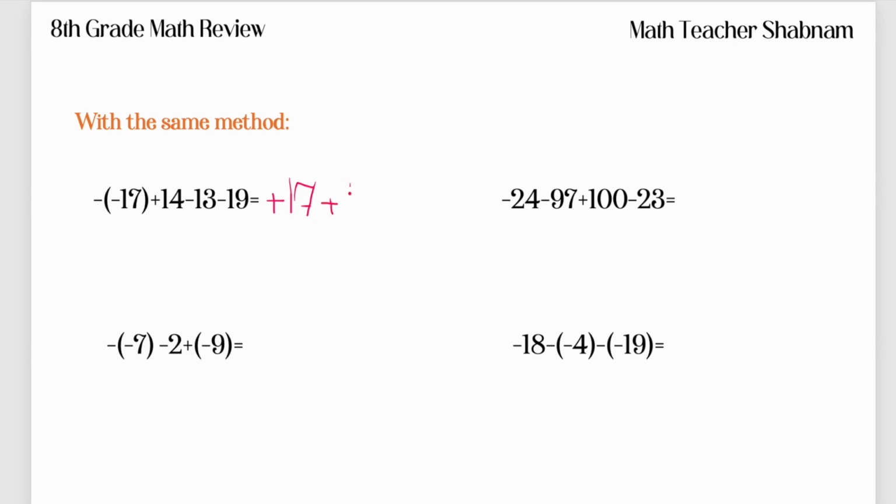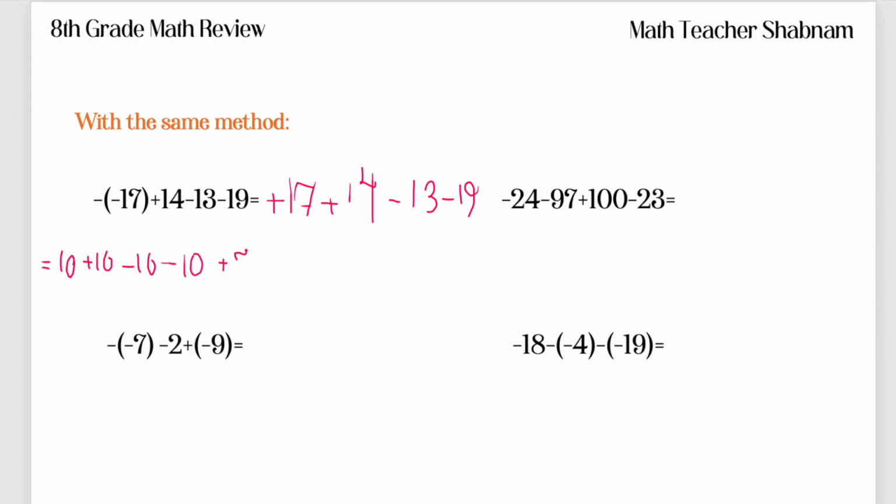We have another 14, negative 13, and negative 19. How about we write everything in terms of tens and ones? We have a positive 10, another positive 10, a negative 10, and another negative 10. Now, as you can see, all of these cancel each other out. It's just easier to see them that way.